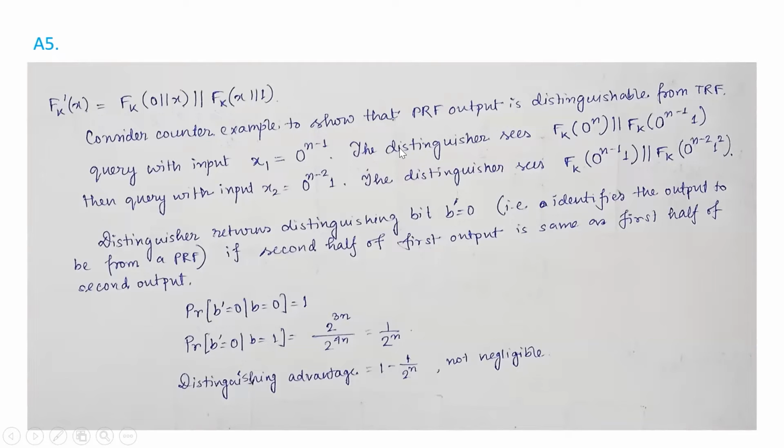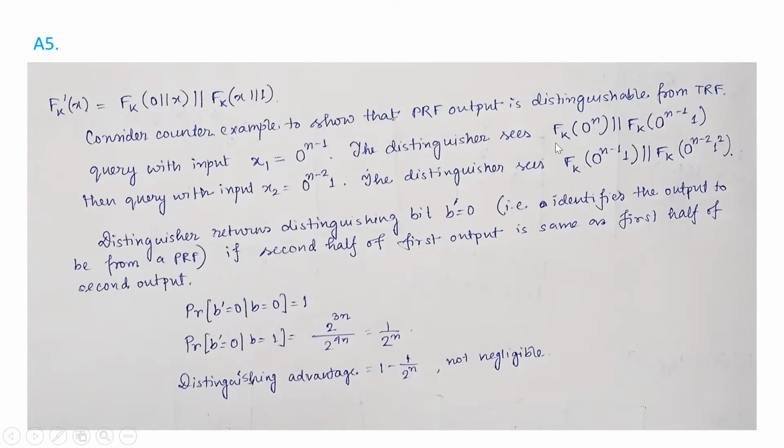Let's say the adversary or the distinguisher provides as query input this particular string x1, which is n minus 1 length of 0 bits. Now what it sees in response is F_K(0 concatenated with 0 to the power n minus 1), that is 0 to the power n, concatenated with F_K(0 to the power n minus 1 concatenated with 1).